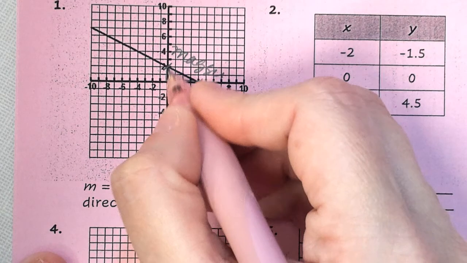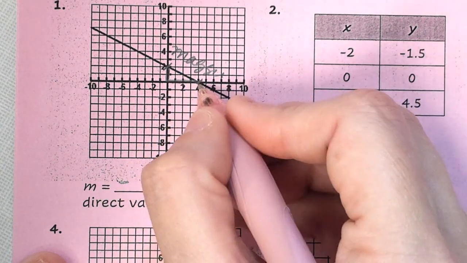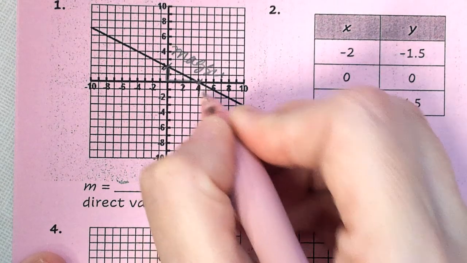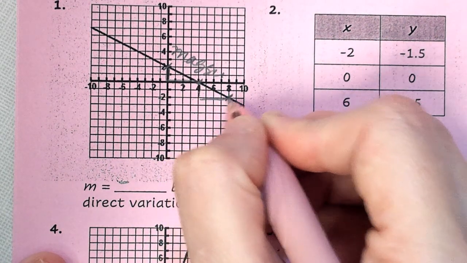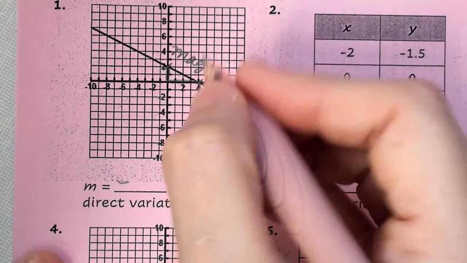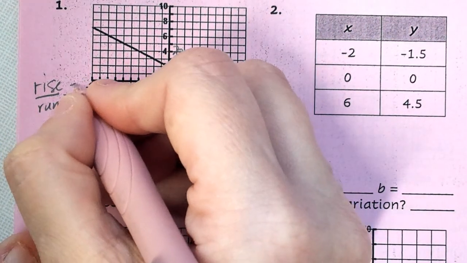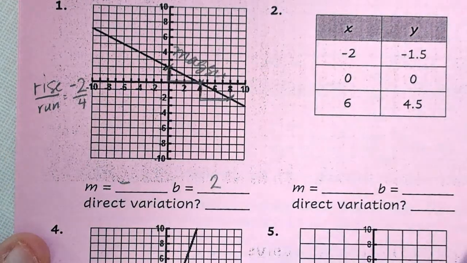So I went down 2, right 4. Before I decide that that's my pattern, I'm going to go down 2, right 4 again, and I am right on the line. So my rise over run is down 2 over 4.